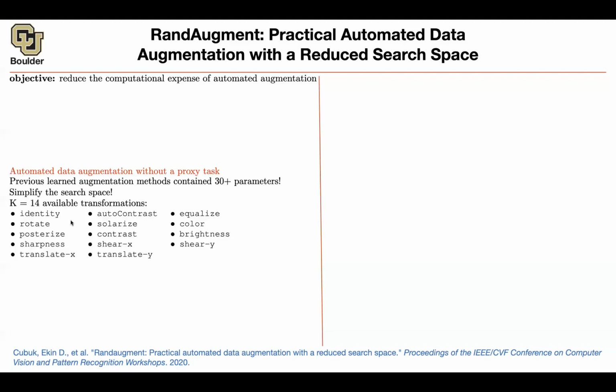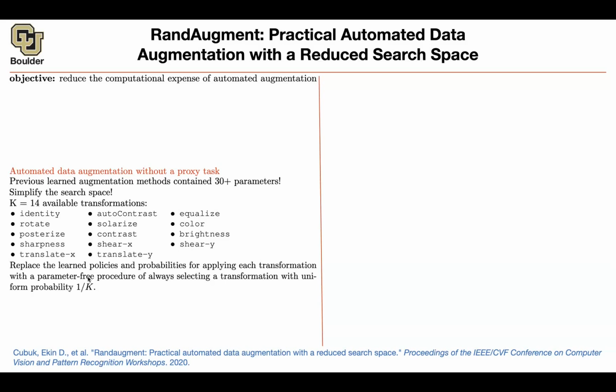Like before, you have your PIL library, the Python Imaging Library, that you can use to give you these sorts of transformations like identity, rotation, sharpness, translating in the X direction, translating in the Y direction, adjusting the contrast, etc. Previously, you were actually looking for the best one among these. Now you're just going to choose randomly according to a uniform distribution from this set. So there is no choice to be made anymore. So you're just randomly selecting one of them.